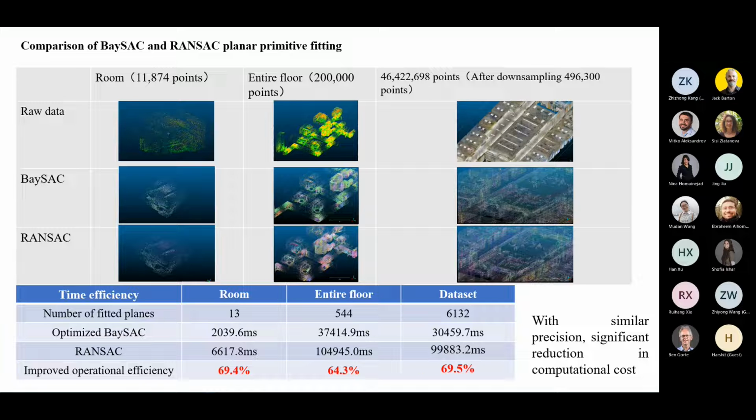We can see the computational efficiency improves by 60% on average, which means we can use the proposed method to improve the efficiency in a very good way without losing precision.